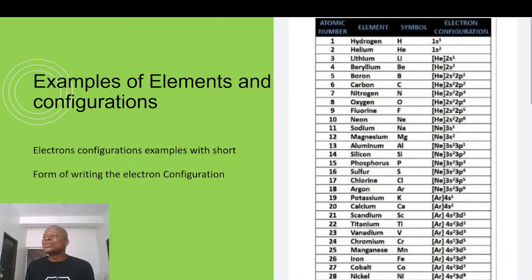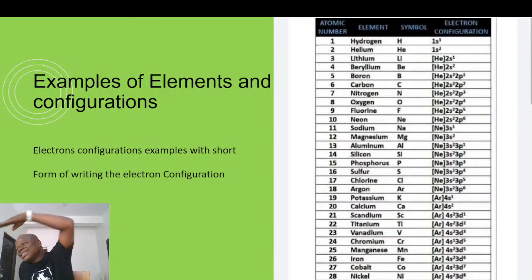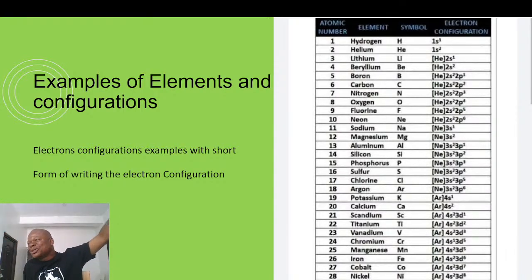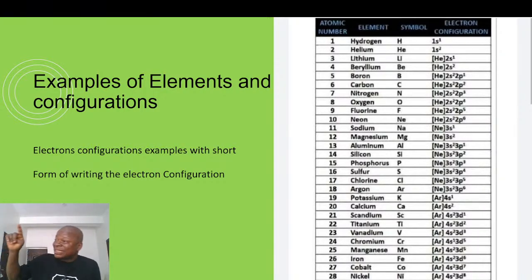The next one is atomic number 4, that's beryllium, with the symbol Be. Now, if you go to the electron configuration, instead of writing it the way I explained at the initial time, what I also use is helium.